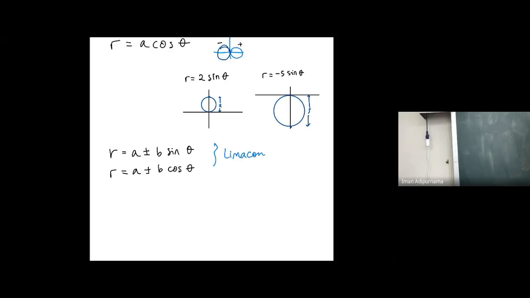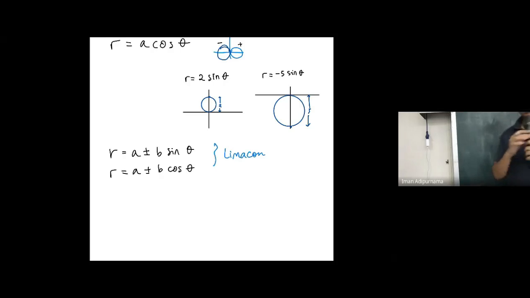Limaçon. Okay. So A, B, sine or cosine. In limaçon, sine and cos will determine in which side the limaçon will have a large structure. Like for example, the sine is up here or down here. The cosine is left or right, and that's what will happen in the limaçon.